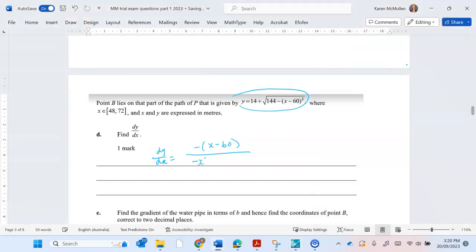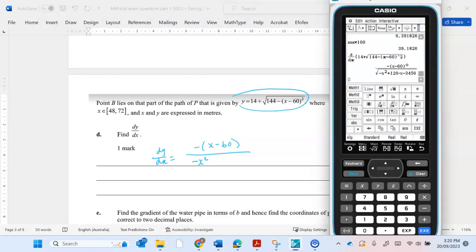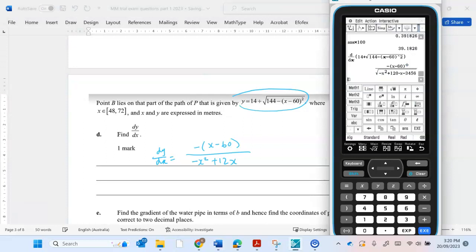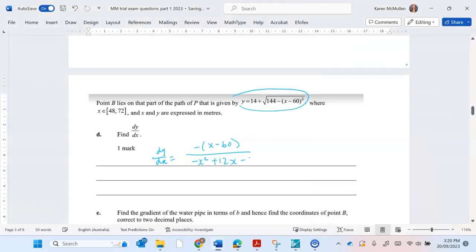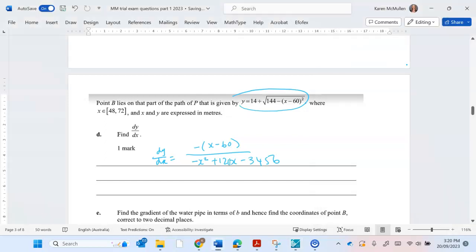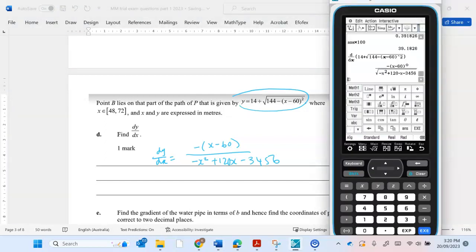Now it doesn't say to do any rounding or have it in any certain format, so I'm just going to copy it straight from the calculator. Minus 3, 4, 5, 6. Just make sure that's correct. And no, I haven't done my radical sign yet. So plus, oh, I've got a 0 here. Minus 3, 4, 5, 6.